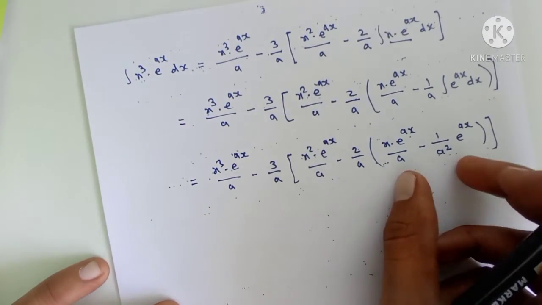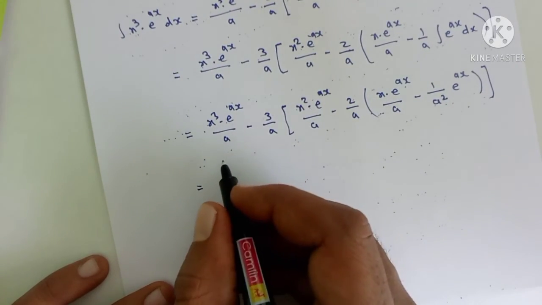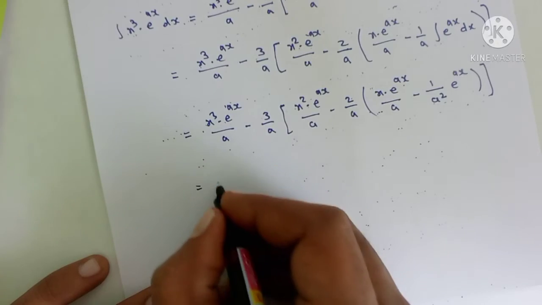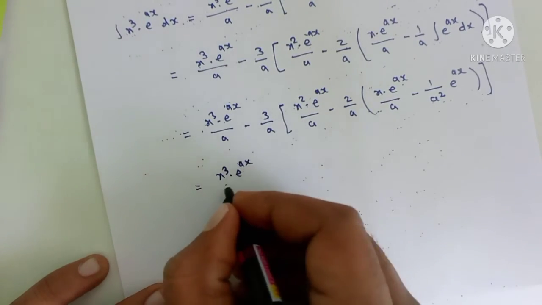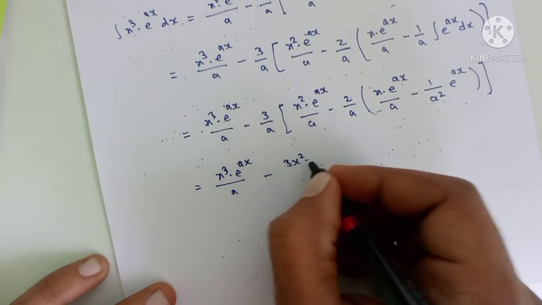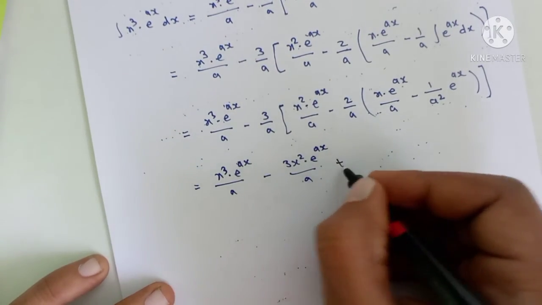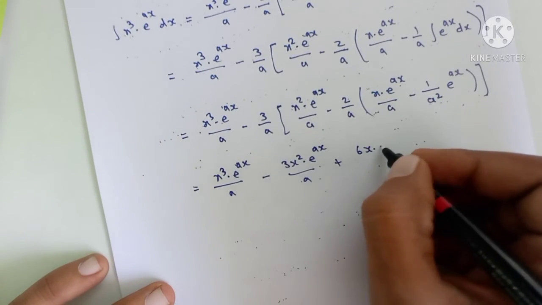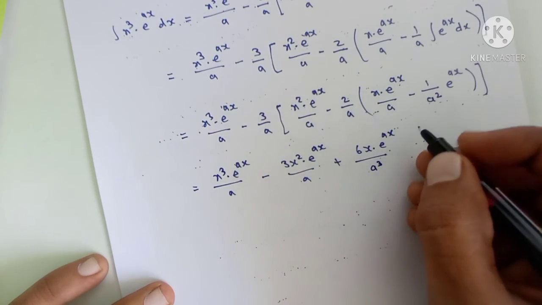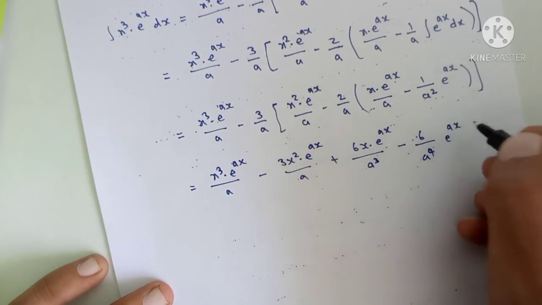multiply by 2 by a to this equation, so it is equal to x cube into e raised to ax divided by a, minus 3x square into e raised to ax divided by a, plus 6x into e raised to ax divided by a cube, minus 6 divided by a raised to 4 into e raised to ax.